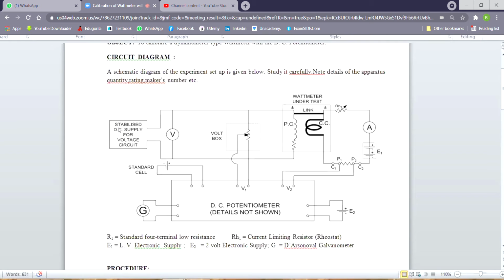So if the current is constant, then the voltage drop in the resistance of the slide wire will be proportional to the amount of resistance. That voltage is I into R, where R is the resistance of the slide wire. So the higher the resistance, the more the voltage drop.